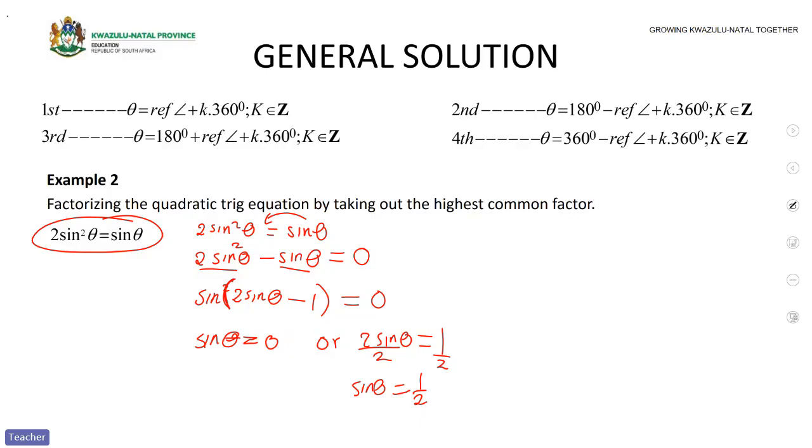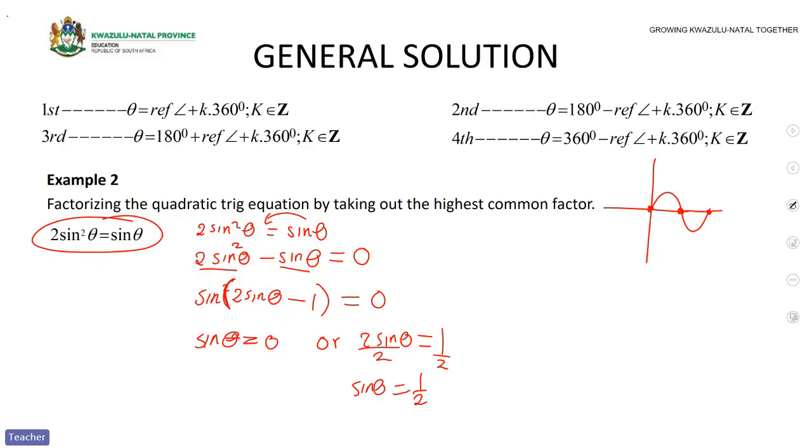So we now have the numerical values with us. The first one is sine theta equals 0. To be safe, even though we should know this, we are going to check using our calculators. Even our graph can tell us, because we know the graph of sine. We know where it is 0: it is 0 here, it is also 0 here, and it is also 0 there.